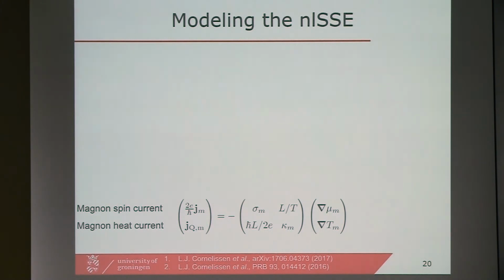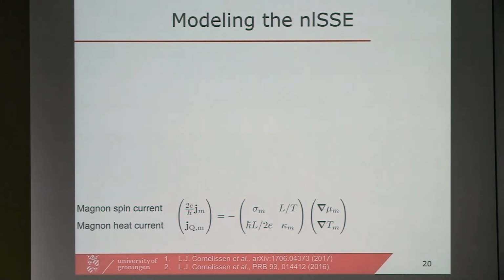Now there are a lot of assumptions underlying this model. The most important one is that magnons will scatter very strongly with phonons, and they will exchange energy very efficiently. This means basically that your magnon temperature is equal to your phonon temperature throughout the device, well, within a very short length scale.